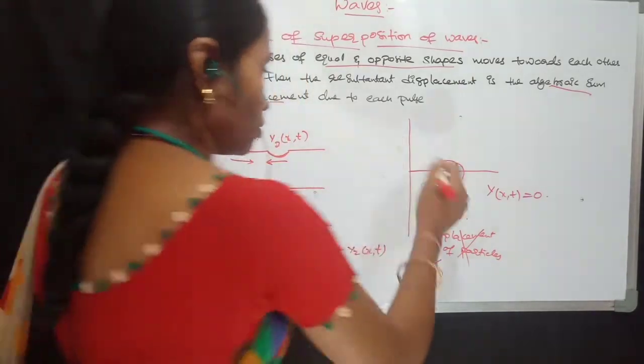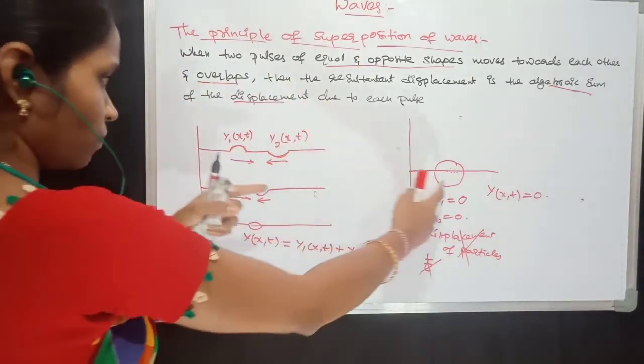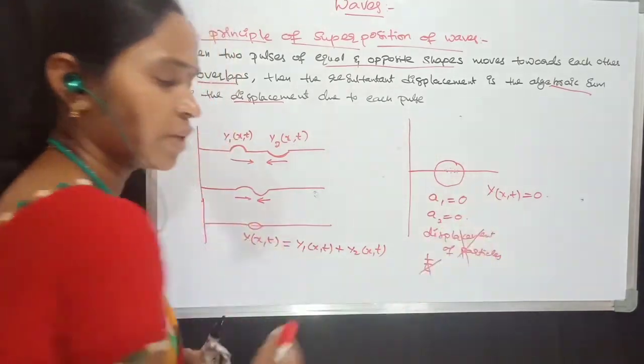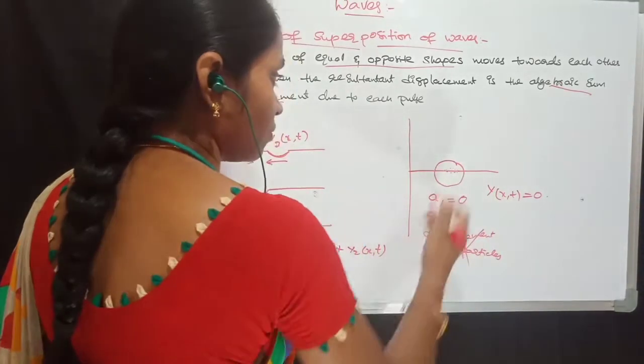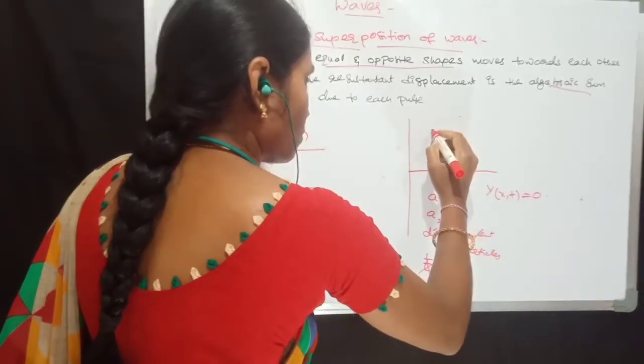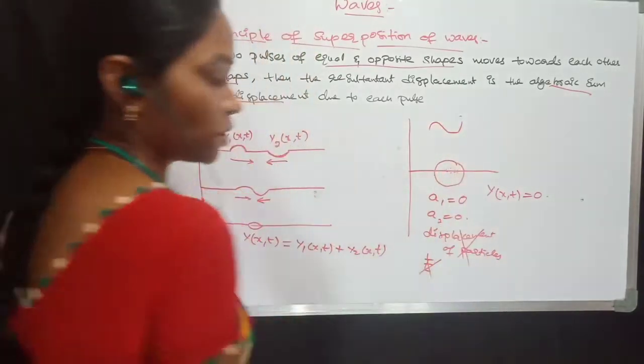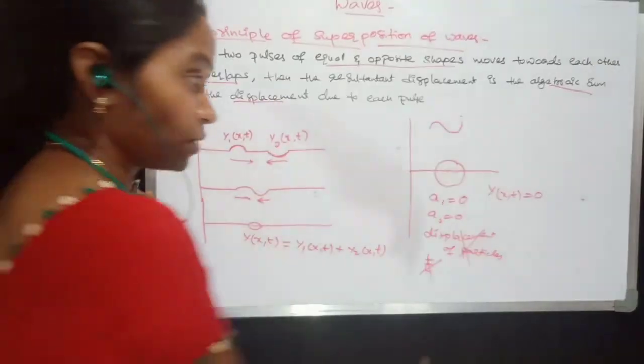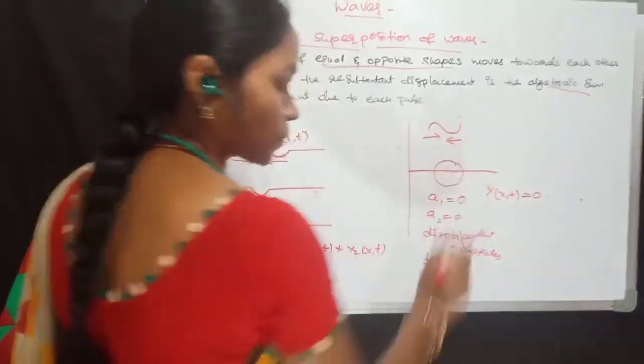So, this is the case whenever the waveform contains two equal and opposite pulses which are moving towards each other.